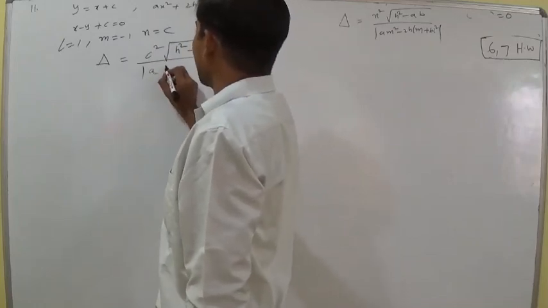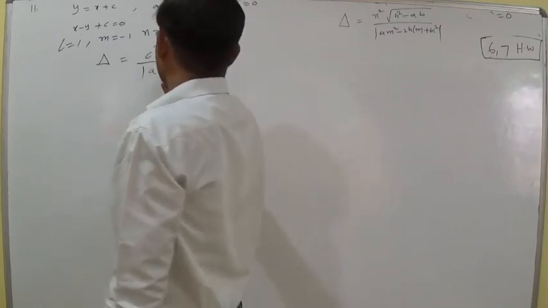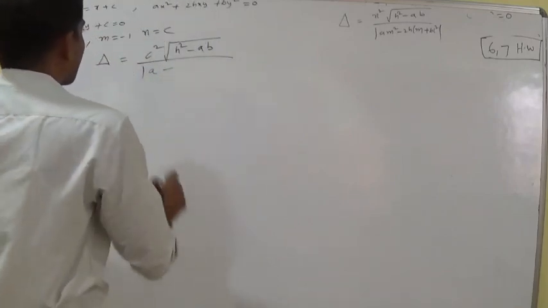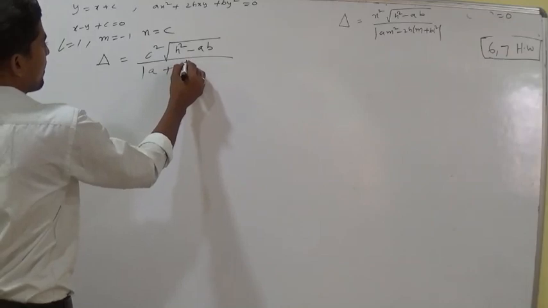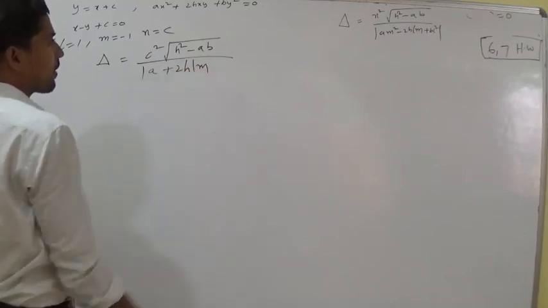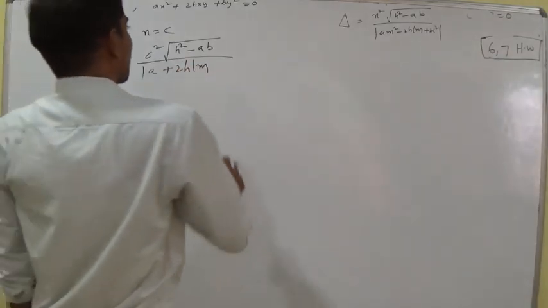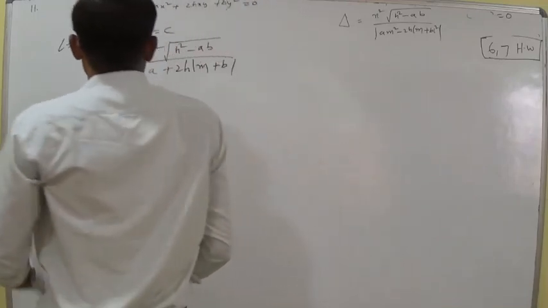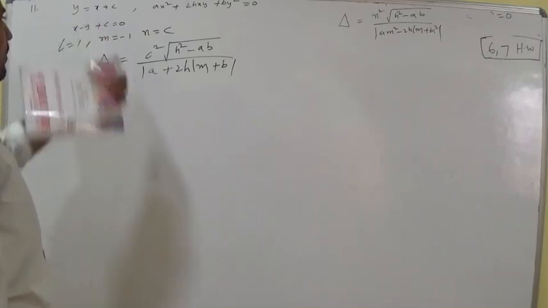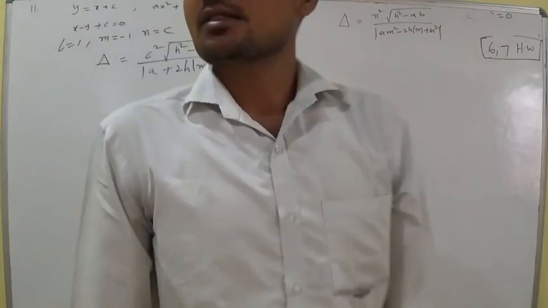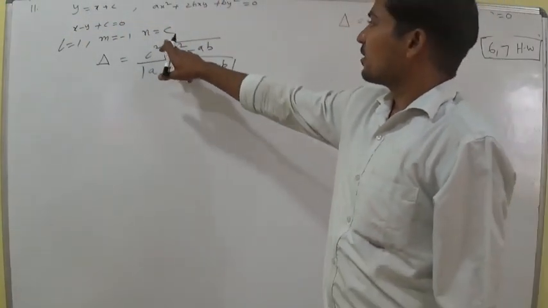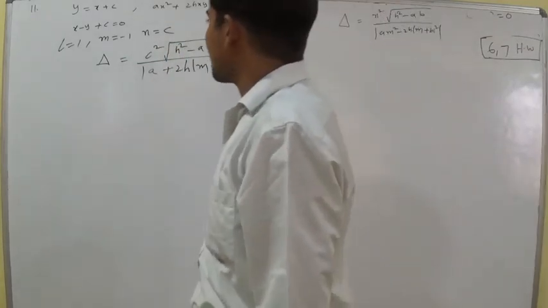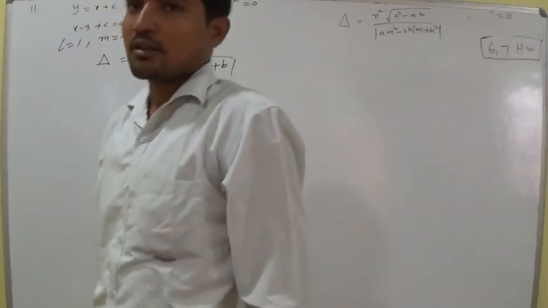So a minus 2hlm, which becomes plus 2h, plus bl square, so b. The area of triangle formed by the given lines is c square into square root of h square minus ab by a plus 2h plus b.